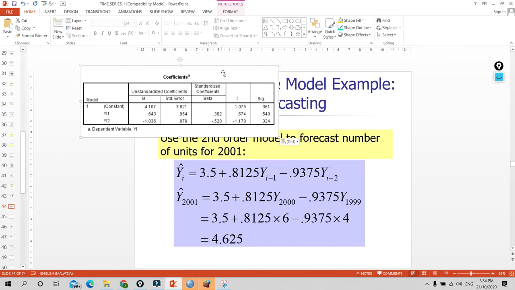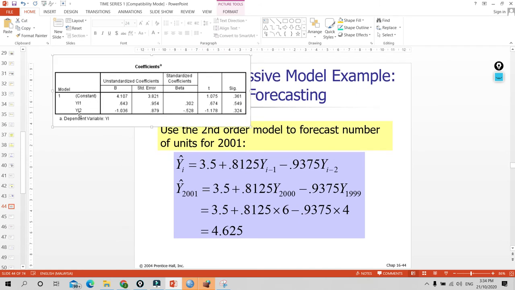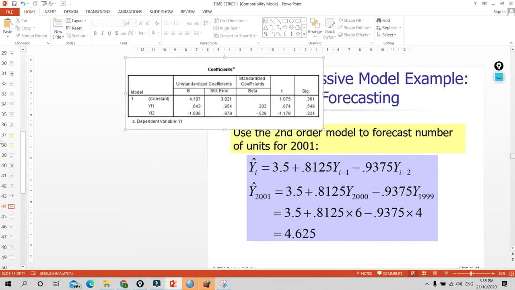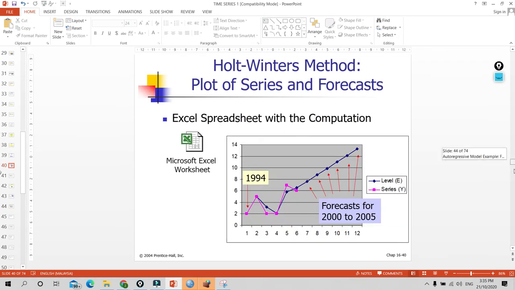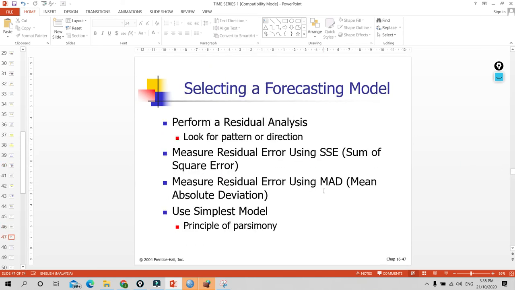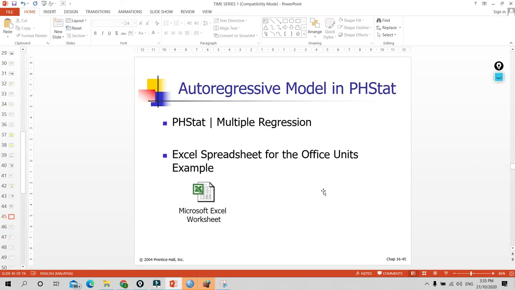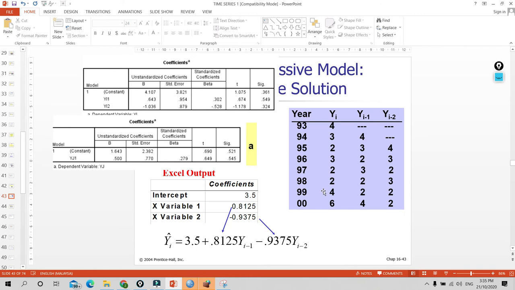I want to estimate from this model the sales for 2001.